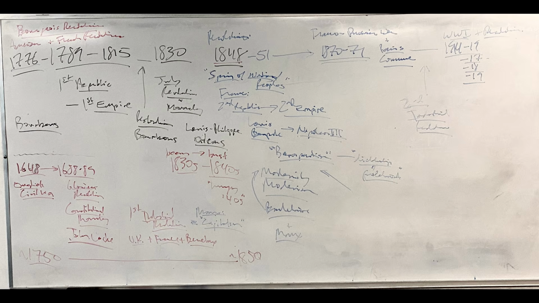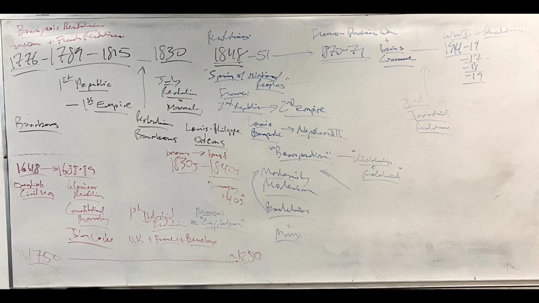Right, so the goal of the 1848 revolution that brought about the Second Republic is the social republic, or social democracy, because it's in the context of this crisis of the Hungry Forties.